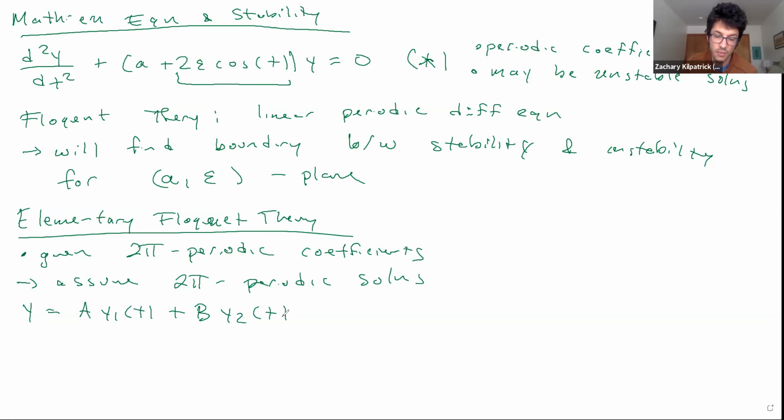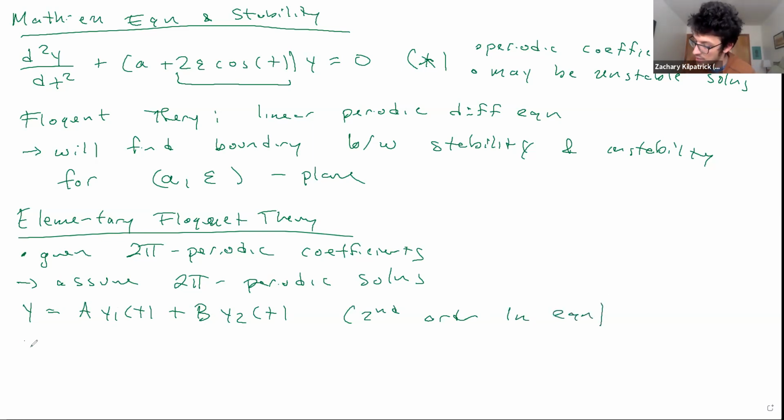So let's assume, for instance, that I have some solutions to an equation that has 2 pi periodic coefficients. I'm not saying what that is yet. And it's of the form y equals a y1 plus b y2. So let's say it's some second order linear equation.